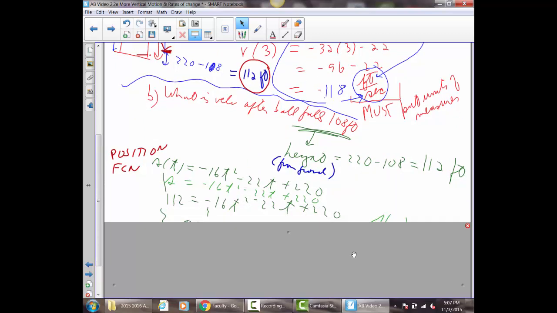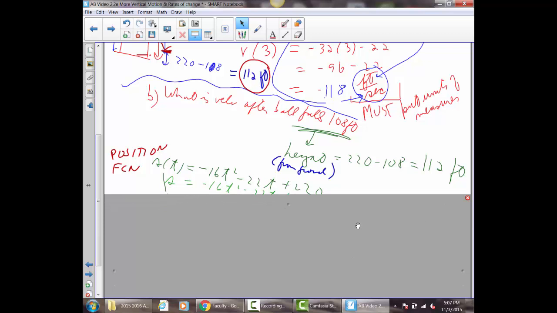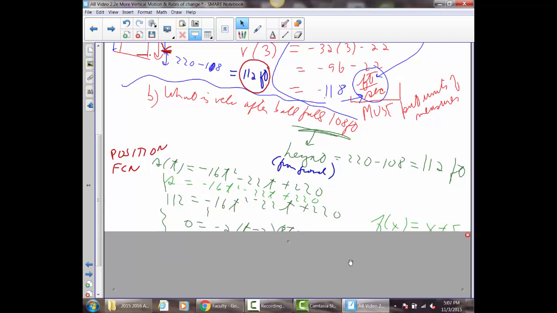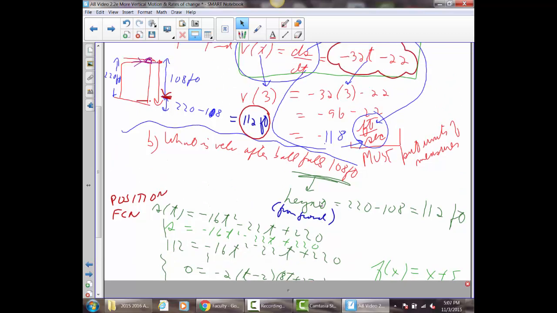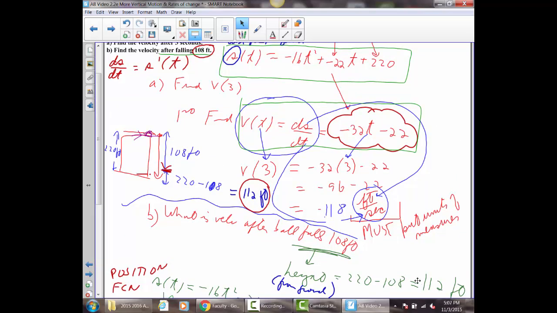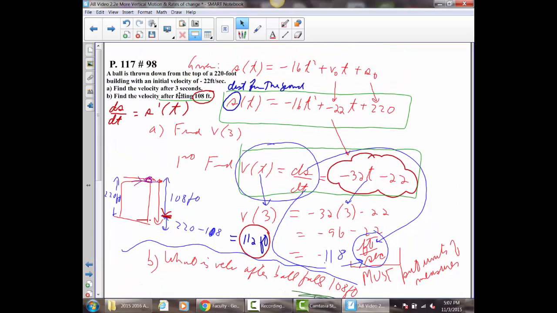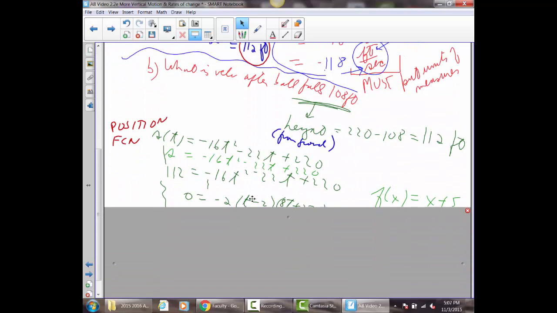We're going to have to start with the position function in order to find out at what time, how many seconds it takes for it to get to this height of 112 feet from the ground. Because remember, our velocity function is in terms of time. So we have to find the time at which that happens.